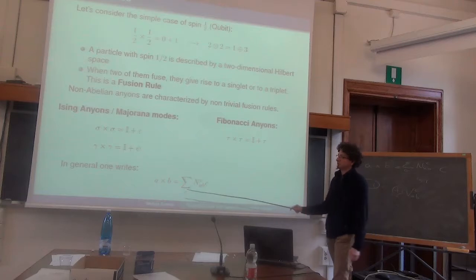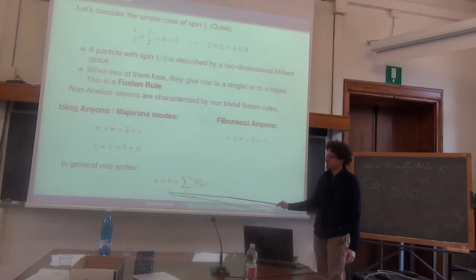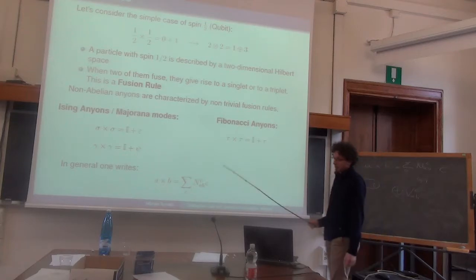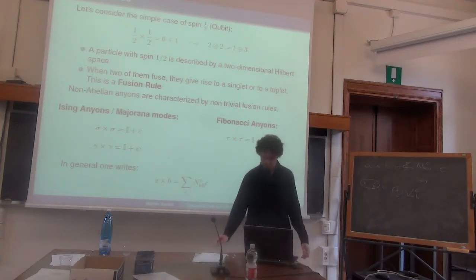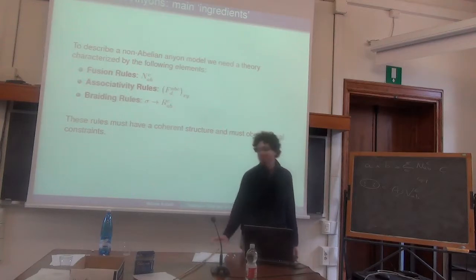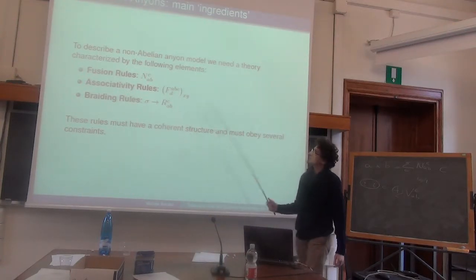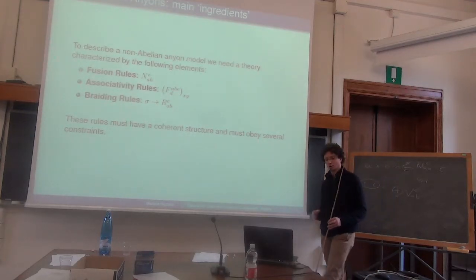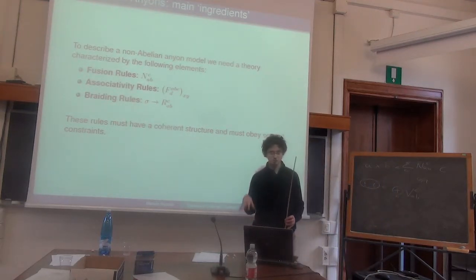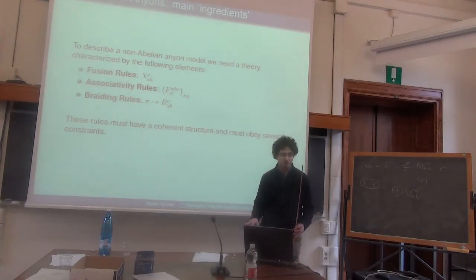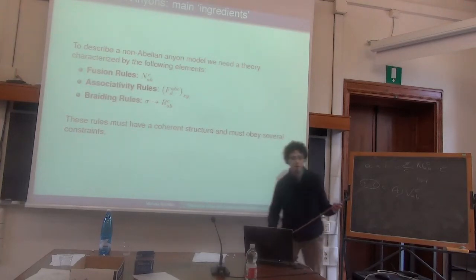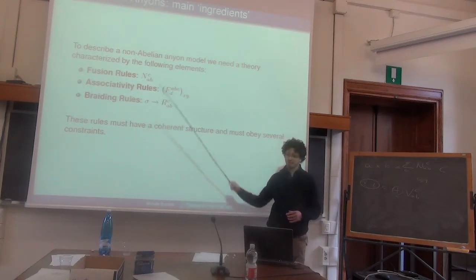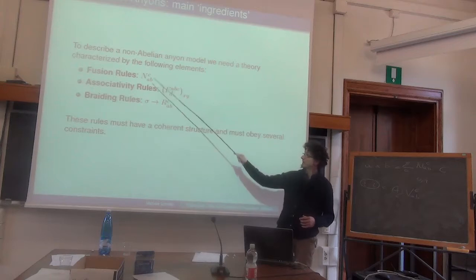And in general I will represent these fusion rules with this matrix N. So let's say that in general, to describe a full system of non-abelian anyons, I need to introduce some ingredients that specify this model, and these ingredients are exactly these matrices that dictate the fusion rules.